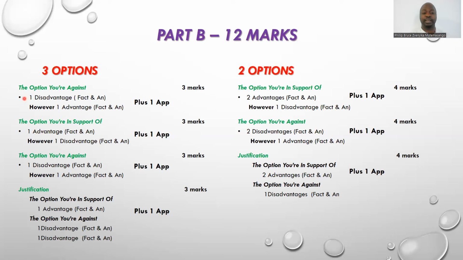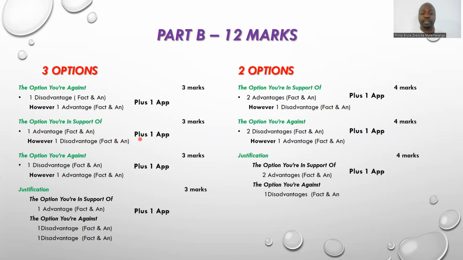And how can you do that? Since there are 3 marks, the first mark will be awarded for the advantage and another one for the disadvantage. So you can first identify which option you're in support of. Then you provide a benefit as well as a drawback for that particular option.